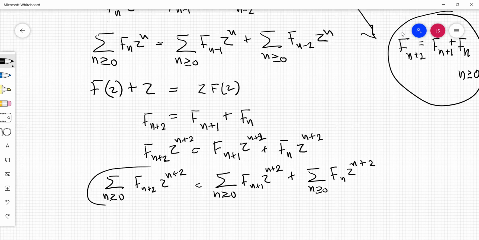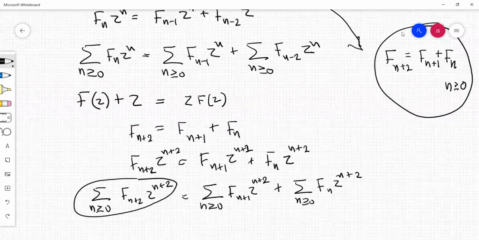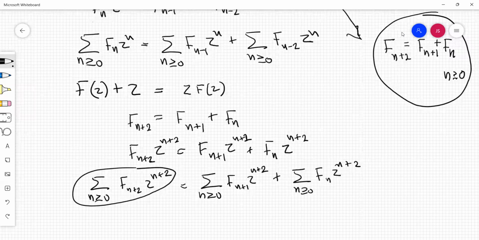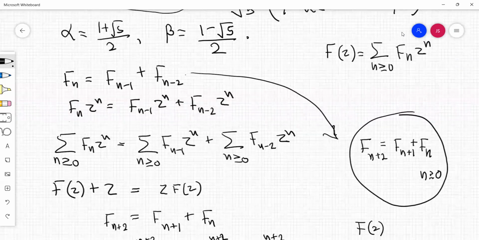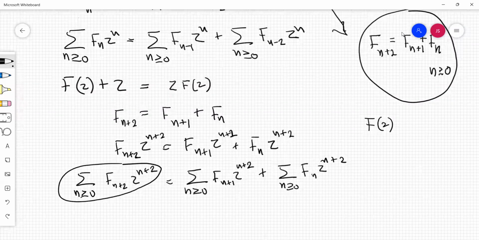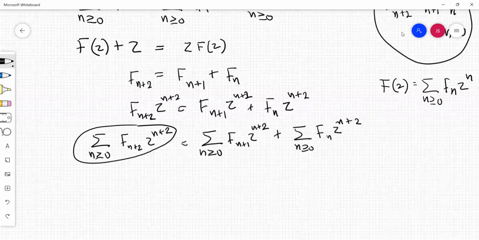Okay, now what is this? According to the definition, this is our coefficient, right? Sigma n greater than or equal 0 Fn Z to the n. According to that definition, what is this?